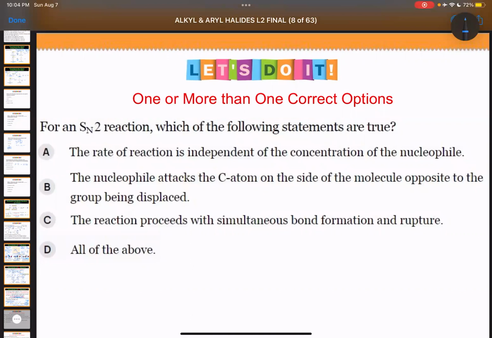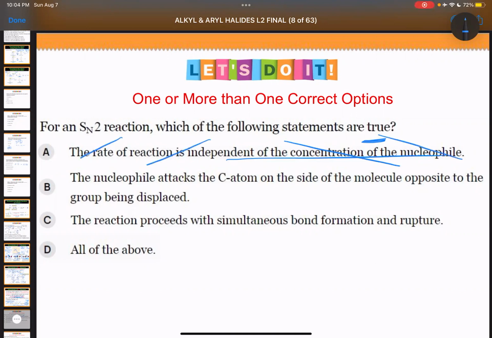What all options are correct? Option D. Option B. Yeah, the rate of SN2 is independent of the concentration of nucleophile. No, never.